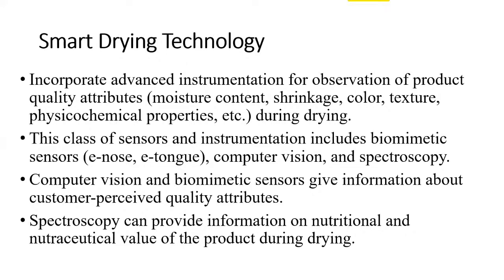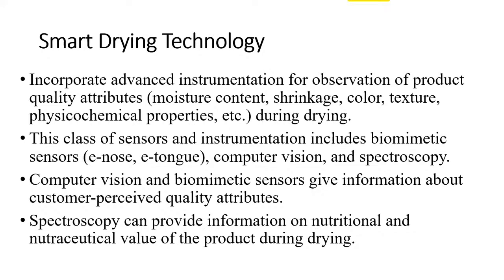Here we incorporate an electronic nose into our system, or we can incorporate a computer vision system or spectroscopy that can tell us exactly from time to time about the water content of the product that we dry.